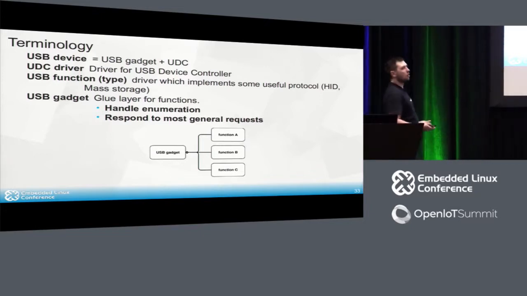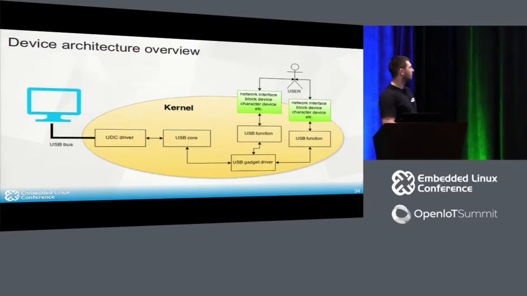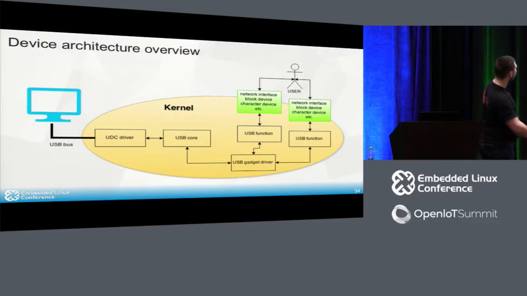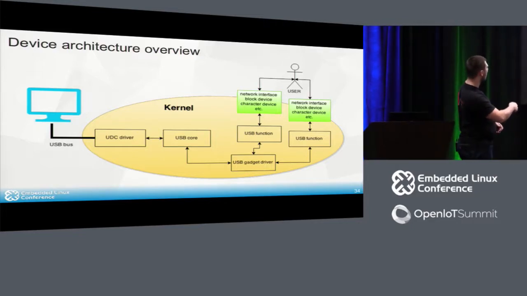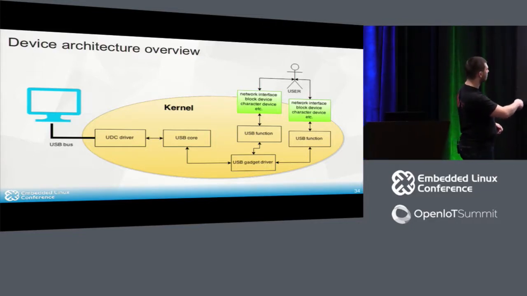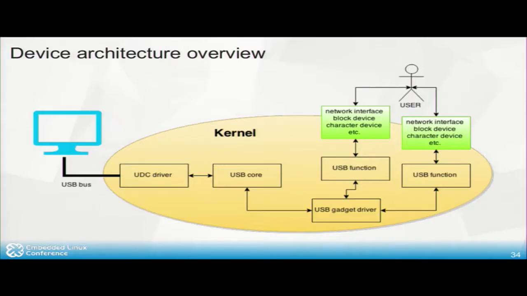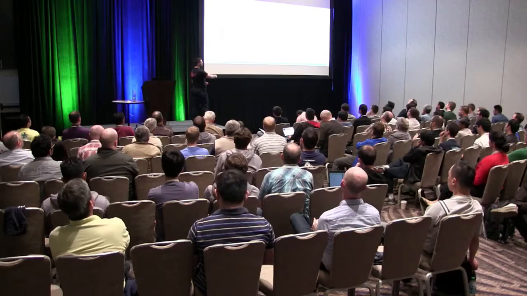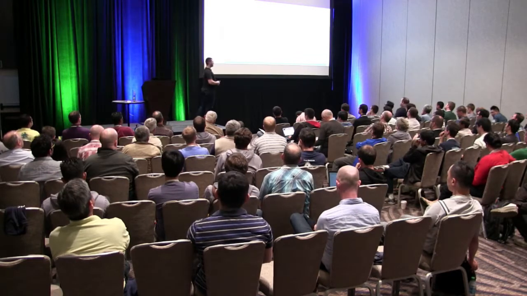So how can we compose our device? Well, maybe first the big picture once again. We have our host, we have the bus, UDC driver, USB core, functions, gadget driver. This gadget driver simply does nothing. It handles the generic requests based on the descriptors provided by the function and routes the suitable communication to the function drivers.